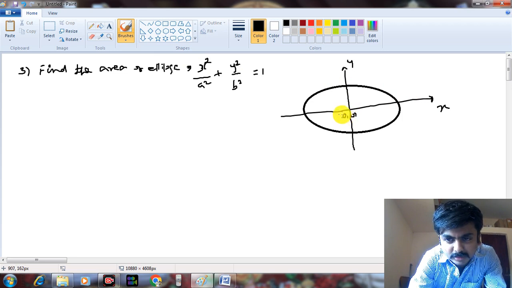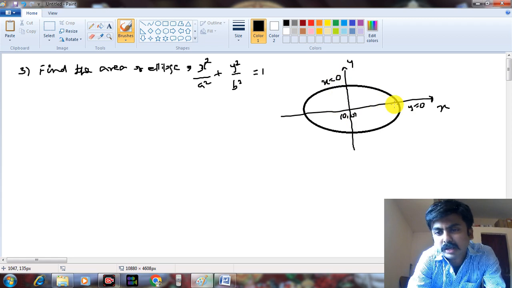So after drawing the ellipse, we want to identify the limits. This line is the x-axis, so on the x-axis y equal to 0, and on the y-axis x equal to 0. And what about this point?